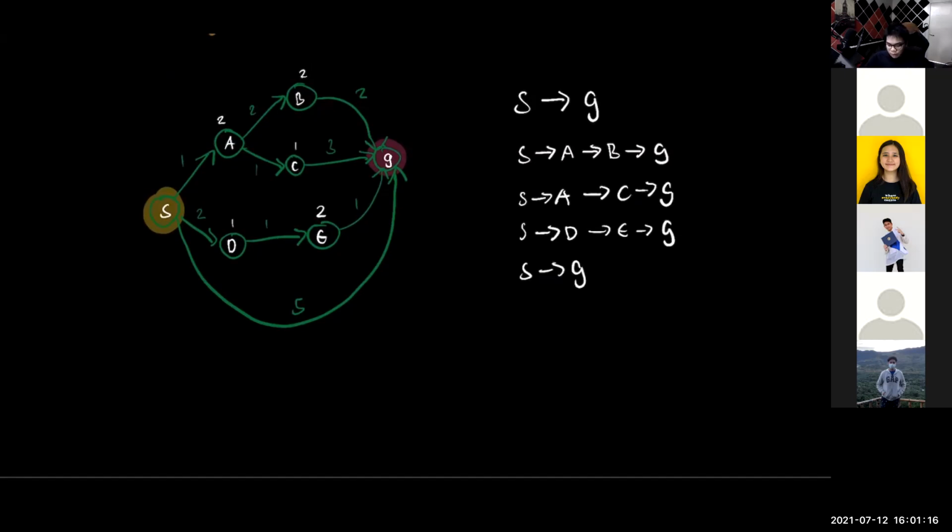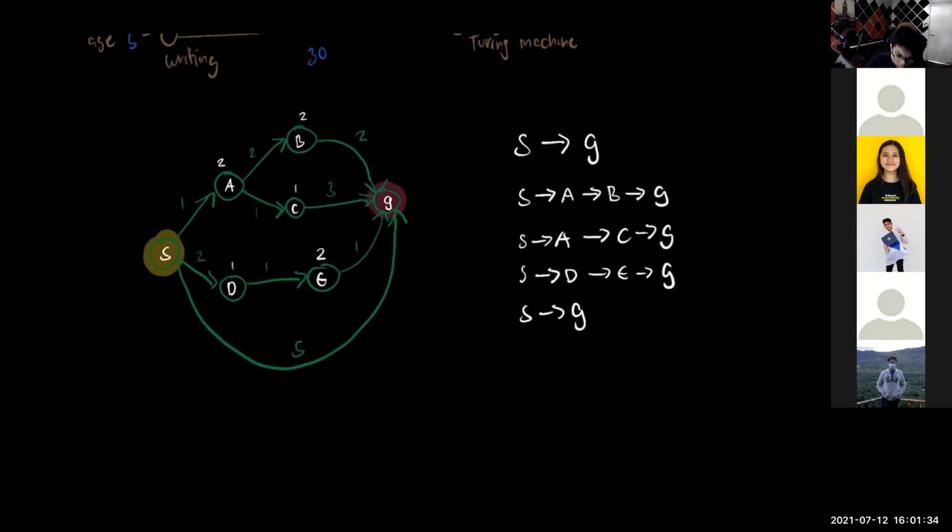Okay, so we compute now for the various weights that are associated with these specific paths. We can put notation here. We can call this F, and essentially call this F of A of B to get to G. And this could be F of A of C. This could be F of D of E. And this is just F of G, just straight up.